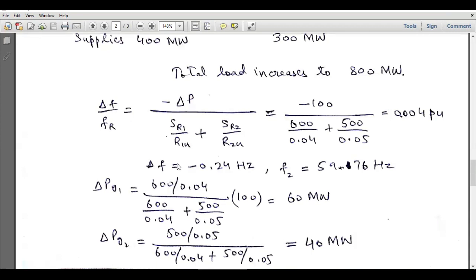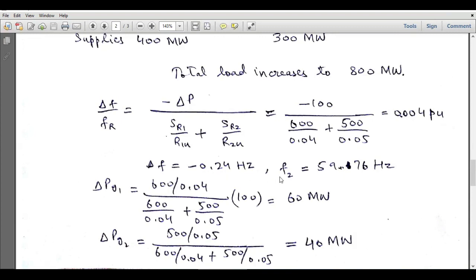Actual deviation in the frequency will be evaluated by multiplying this value with the rated frequency, and you have to note that this is a negative value. So this minus sign has been missed by me, but we have a negative sign over here, and delta F will be equal to this value multiplied by 60 hertz. So that will be equal to minus 0.24 hertz.